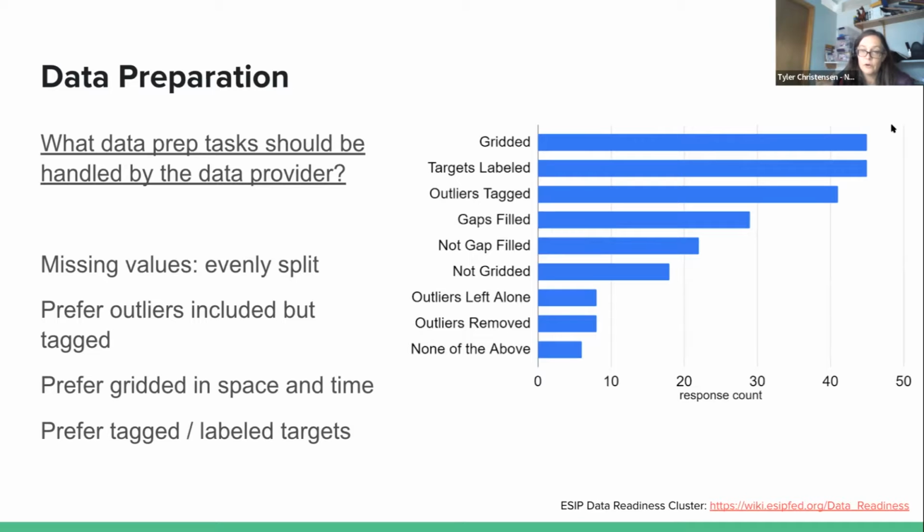There's a pretty strong preference for gridded in space and time. So not in the original observed space, but regularized in space and time. And then there's a pretty strong community, almost half of our respondents are really looking for tagged data. So they're looking for labeled data sets to use in supervised learning techniques. Next, please.